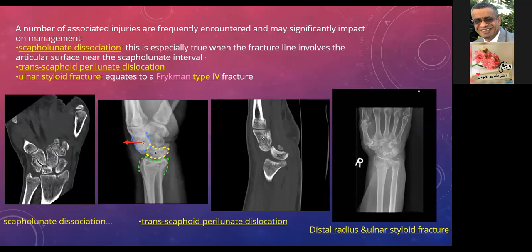Trans-scaphoid perilunate dislocation and ulnar styloid fracture equate to the Fernandez type 4 fracture. Here there is scapholunate dissociation and trans-scaphoid perilunate dislocation, also a distal radius and ulnar styloid fracture.